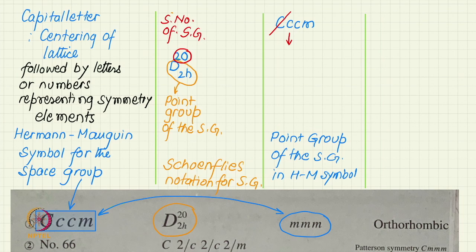So, here since C, C are representing glide planes, they become mirrors, and M of course is a mirror. So, you can see that the point group becomes MMM. So, the conversion is screw to rotation and glide to mirror. Here there are no screws, so we have not used screw to rotation conversion, but we have used glide to mirror conversion.